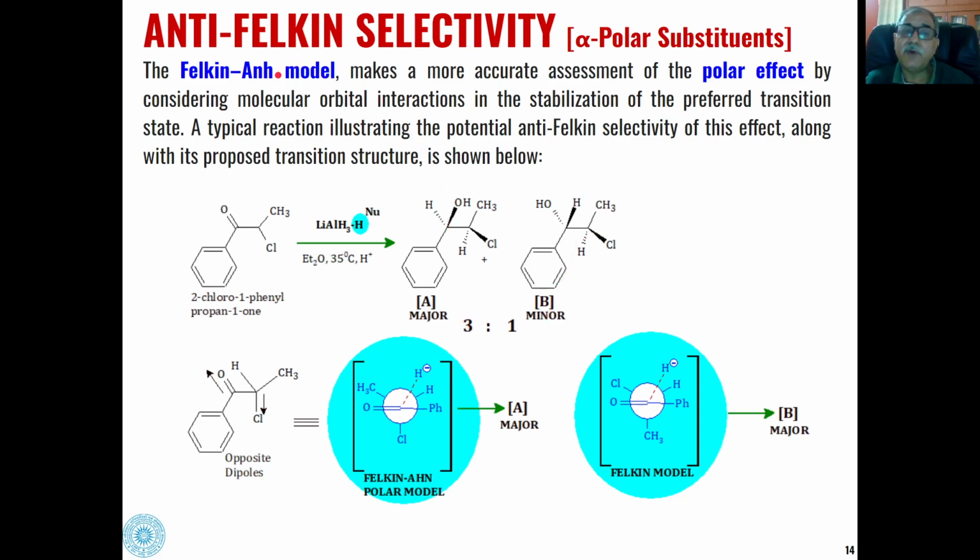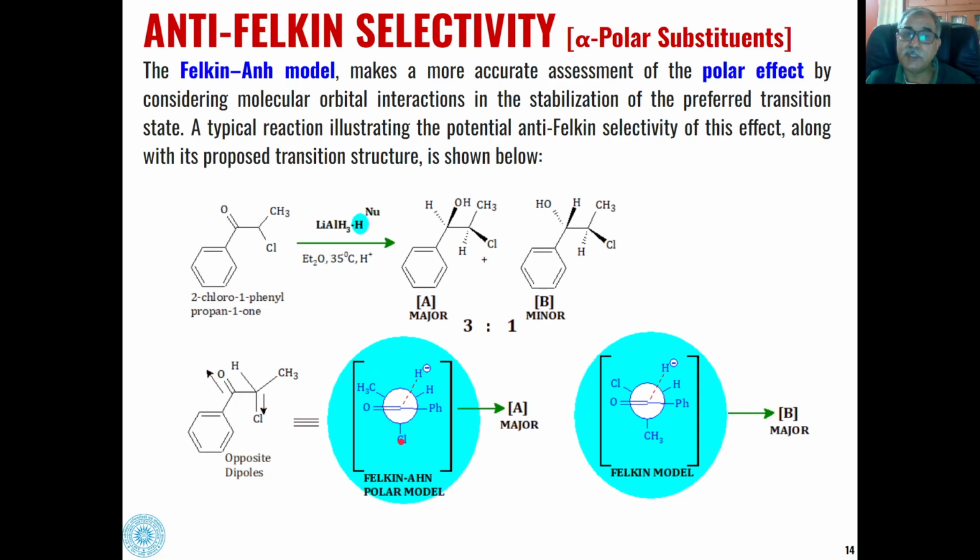But when we take into assessment the polar effect because of the presence of this halogen, that means this electronegative group has to be anti to the attack of the nucleophile, and it should be perpendicular to the carbonyl system, in spite of the fact that this is not the largest group present in the molecule.